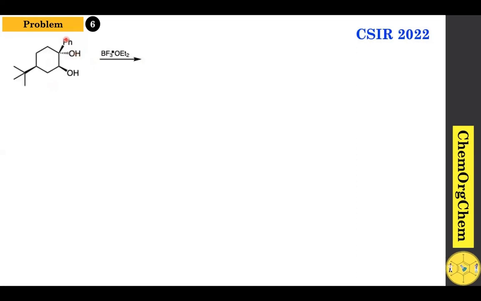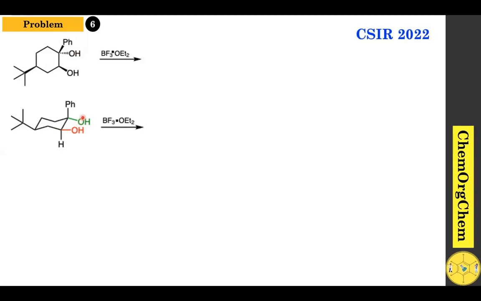Once you see the unsymmetrical vicinal diol in the cyclic system, you just convert it into the corresponding chair form. After converting into the chair form, you just see where the hydroxy groups reside.